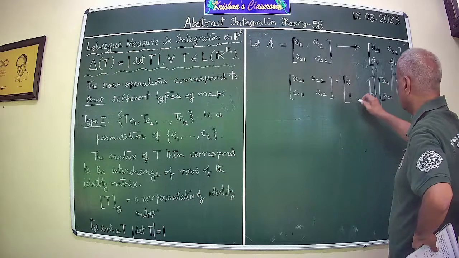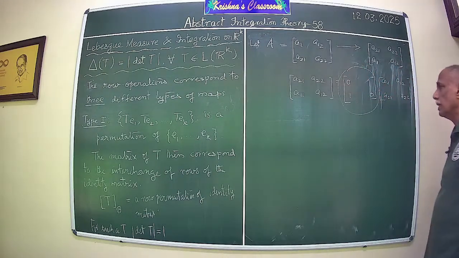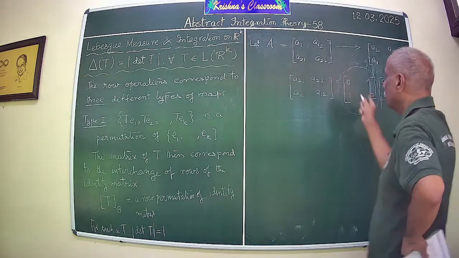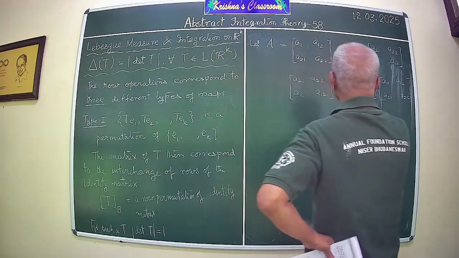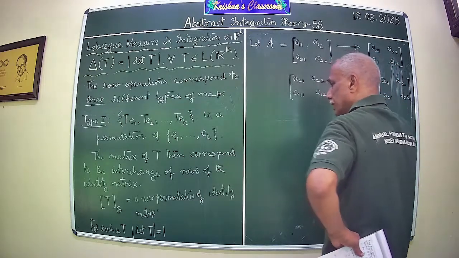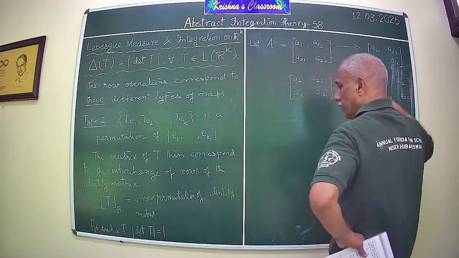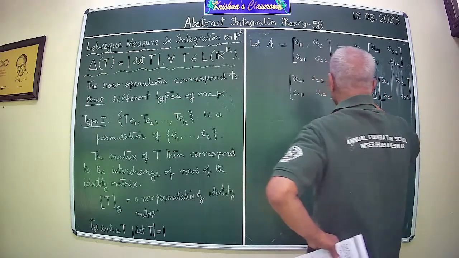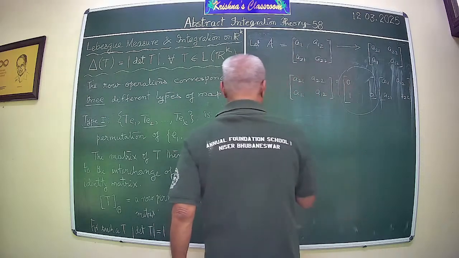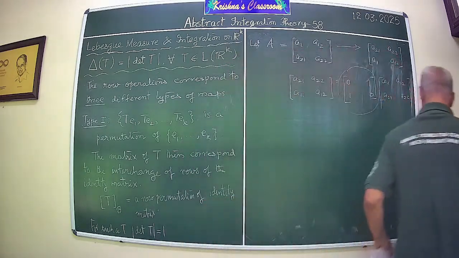So the corresponding row operation is represented by multiplication by this. Now you see that the determinant of this transformation is equal to -1, therefore the absolute value of the determinant of this transformation is equal to 1. That's what I have said.